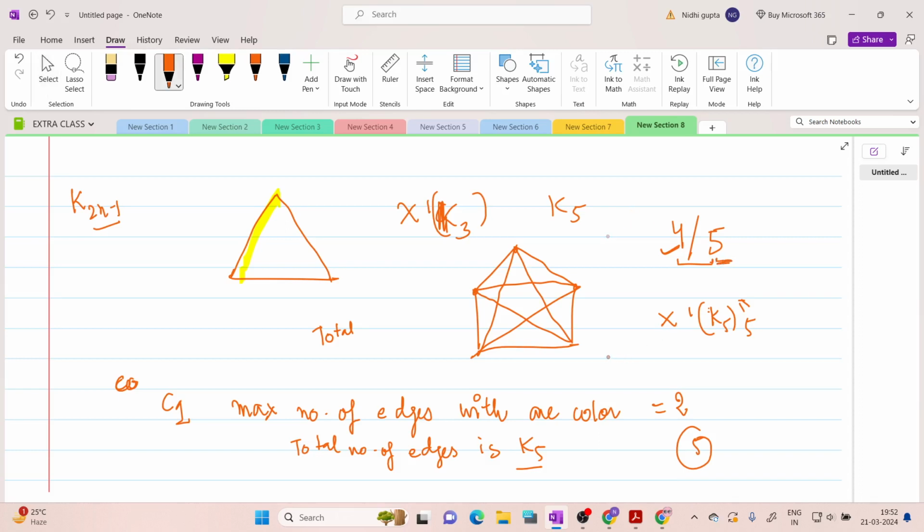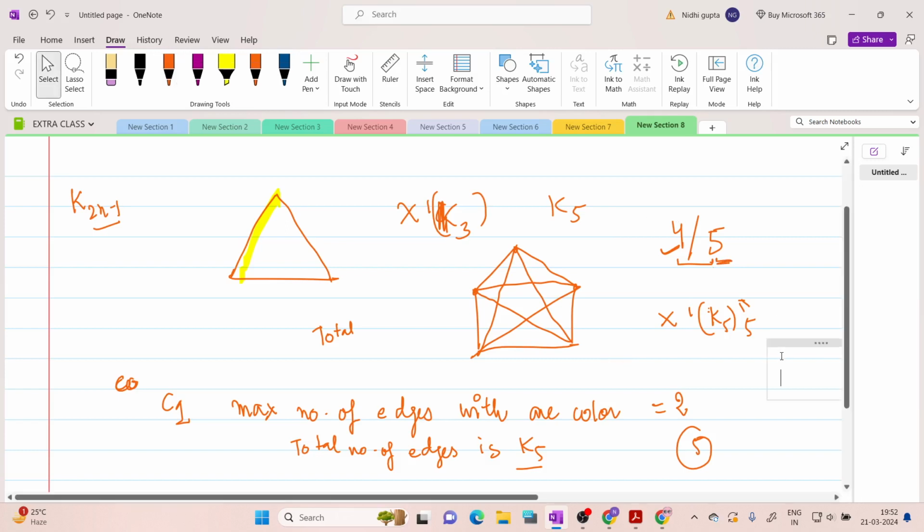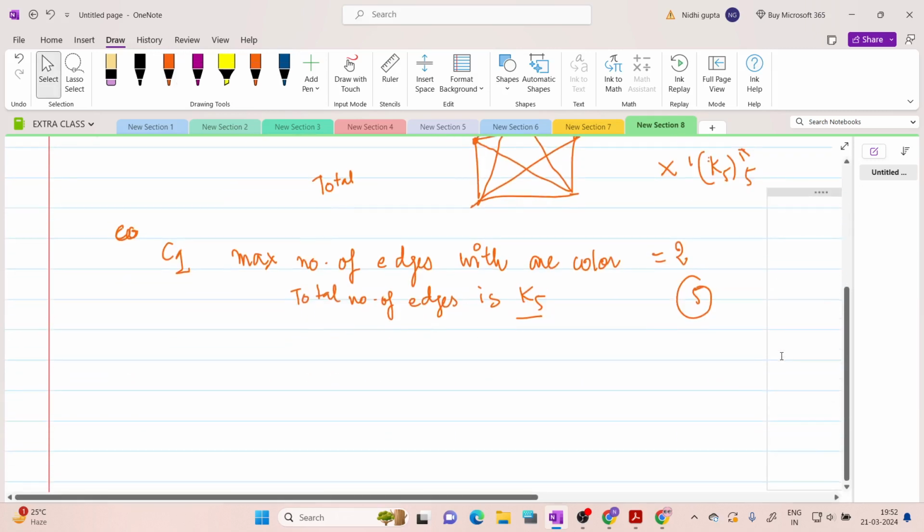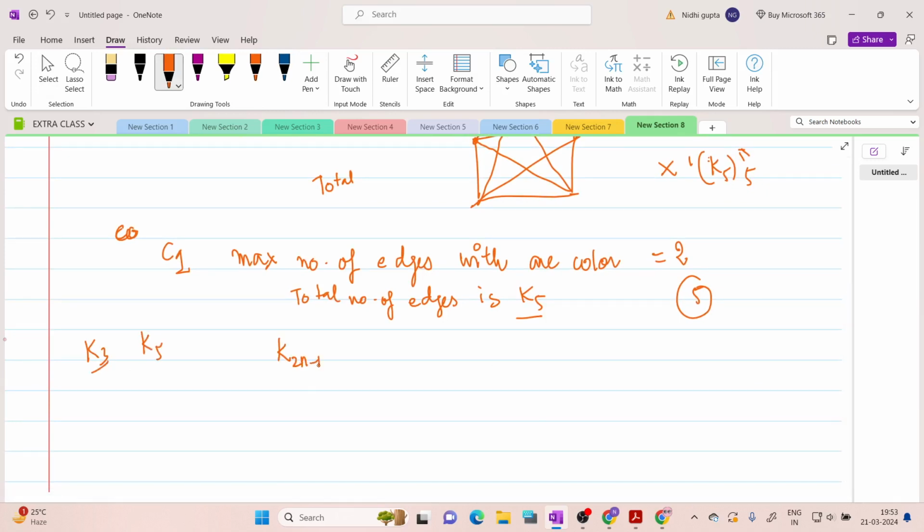Yes, ma'am. Now we want to generalize this. We have checked it for K3 and K5. Now suppose K2N minus 1. What is the maximum number of edges of one color in K2N minus 1?